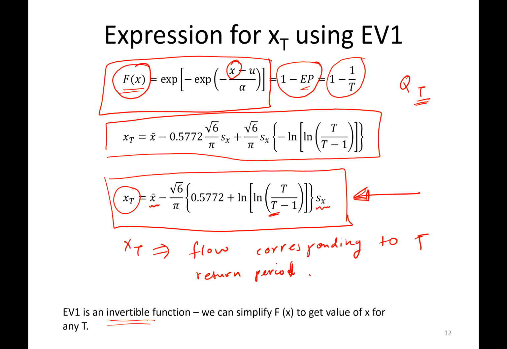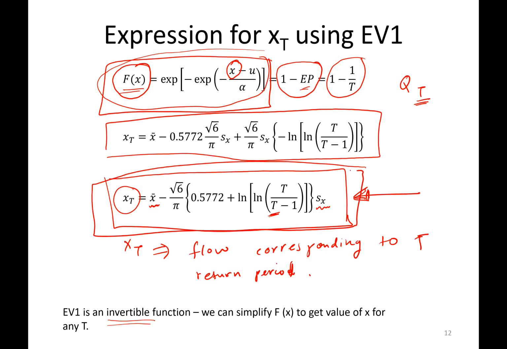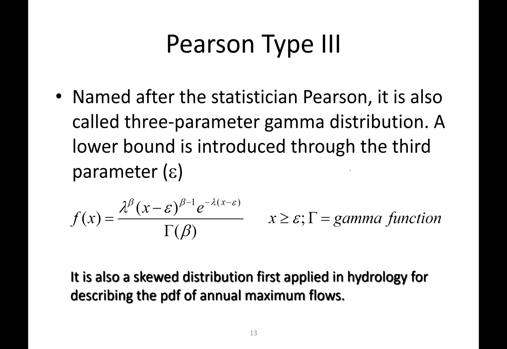What I mean by that is I was able to simplify this expression to get an expression for xT. So that's why it is invertible. But some functions are not invertible, one of them is Log Pearson or Pearson Type III.